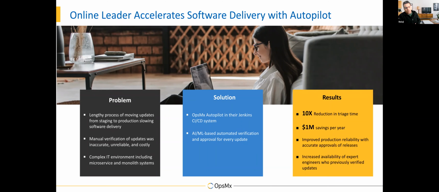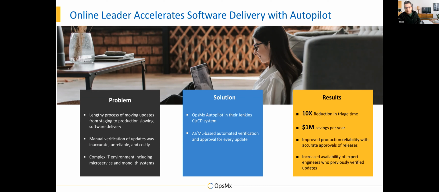That's something that took them a few hours. They have multiple engineers online whenever they have to approve something to production. It's very expensive for them in terms of number of people involved and also delays involved in approving things to production. And they're essentially using our Autopilot solution to automatically verify and approve updates to production.